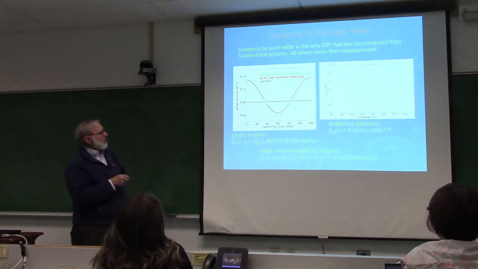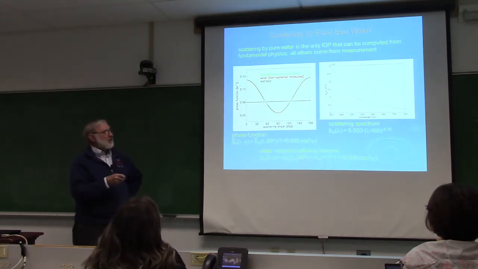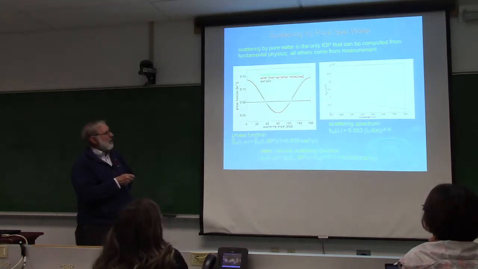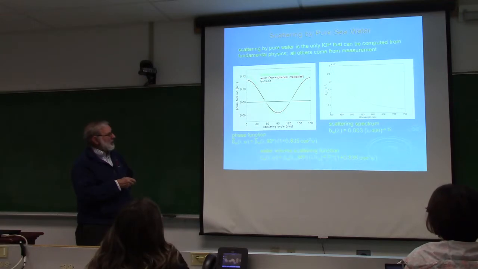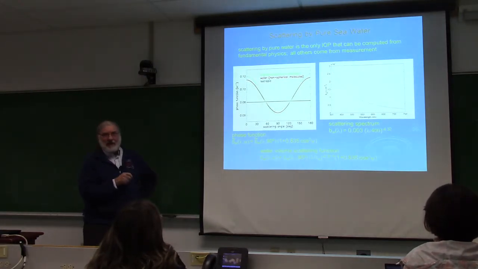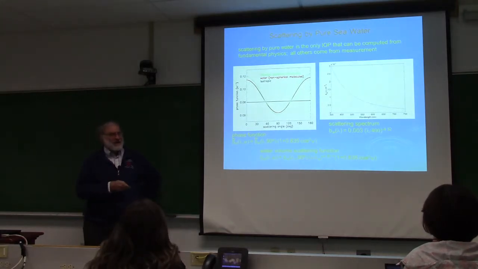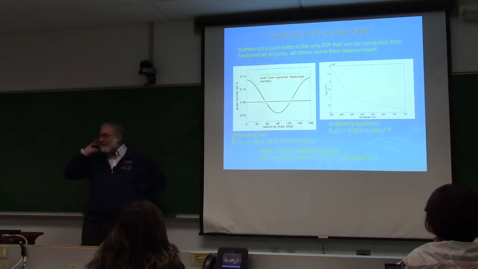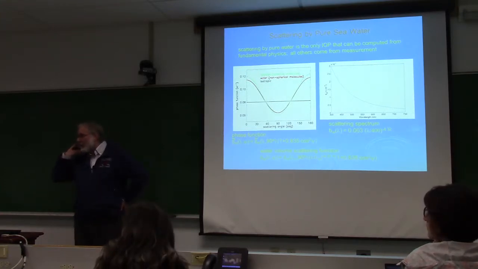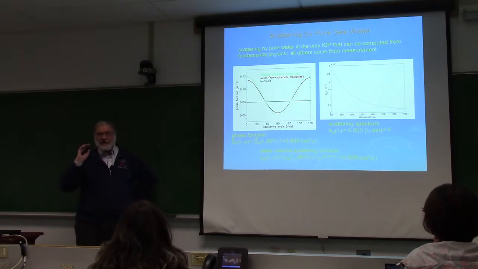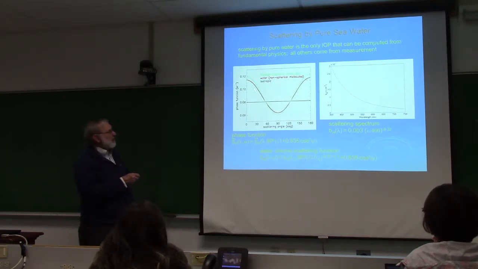And then if you look at the phase function measured for pure water, you get the red curve. It's very similar to Rayleigh, but not quite. And why is it not quite? Why isn't it exactly like Rayleigh? Right, water molecules are not spherical, so that kind of messes things up a little bit. You get the red curve instead of the green one.